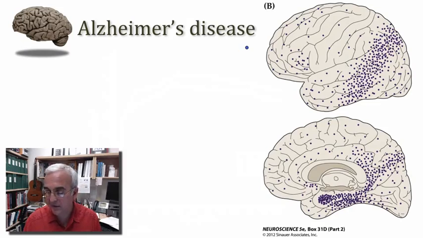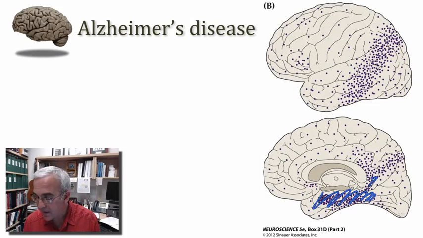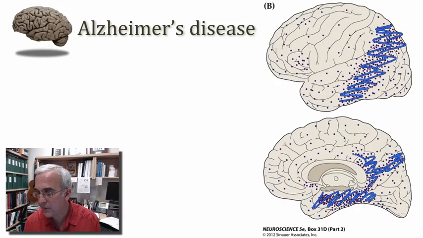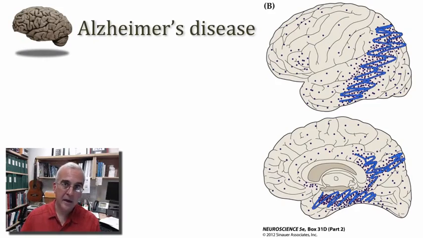And what we can see is that the entire cerebral mantle can eventually be affected with Alzheimer's disease, but the disease process itself seems to be focused on the medial part of the temporal lobe and then extending into the parietal associational cortical regions. So on the lateral surface, there seems to be a broad region of the parietal temporal associational network that has severe affliction with the development and progression of Alzheimer's disease.